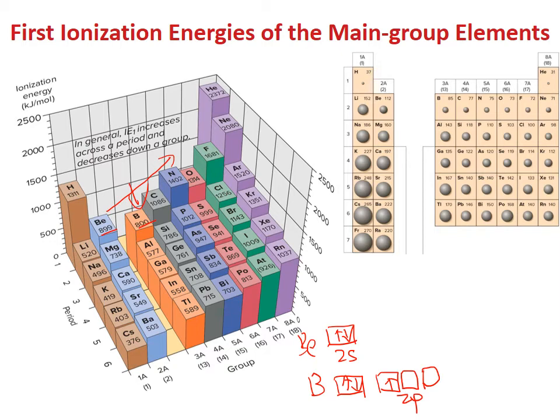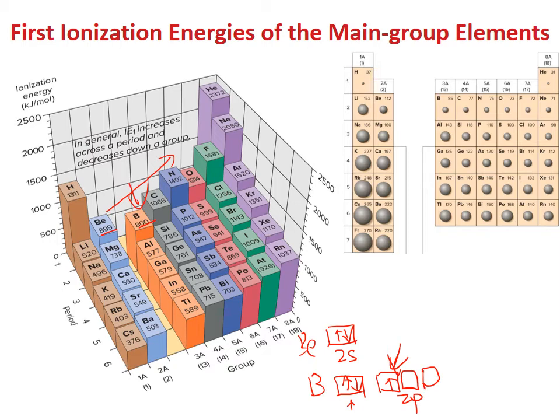By removing this electron from the 2p orbital, boron becomes an ion with a filled orbital of 4 electrons, and therefore it's easier to remove this electron, because the resulting ion is more stable. So that's why the ionization energy for boron is actually smaller than beryllium.